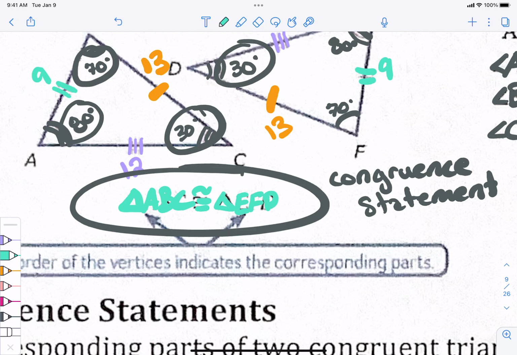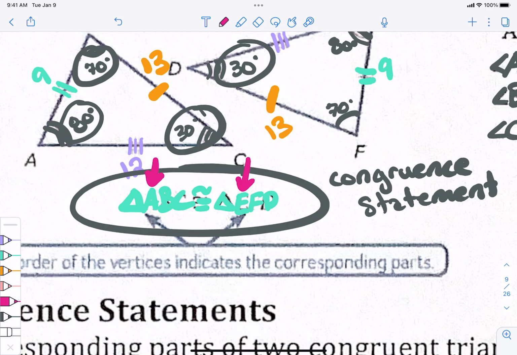Okay, now this congruence statement has a lot of information embedded into it that you don't realize, because the order that I put the letters in makes a huge difference. So here's how this works. They are listing A as the first letter here. They're listing E as the first letter here.